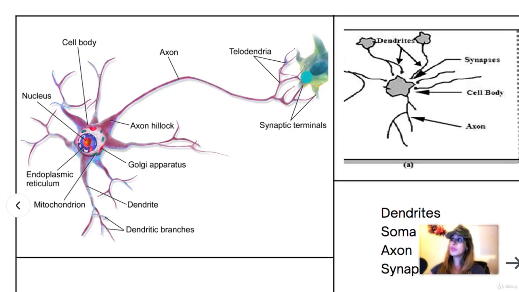And in order for the synapse to receive that output signal, we have the third part of the neuron, which is the axon. And the axon is responsible for transporting that message from the cell body to the synapse.